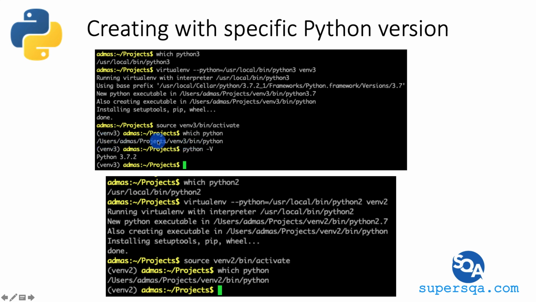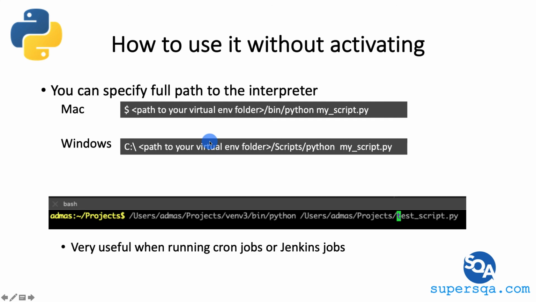So you can just use this whole path when you run a script, and it's going to be using that version. So whatever libraries you installed in there are going to be used. You just put the full path of your Python interpreter and your Python script. This way, without even activating the virtual environment, you can execute scripts.